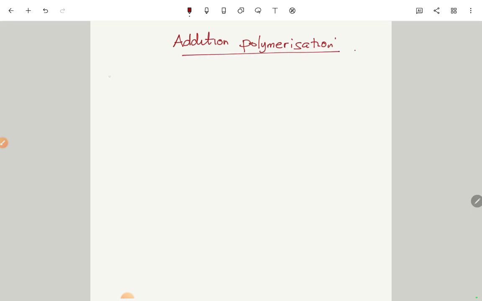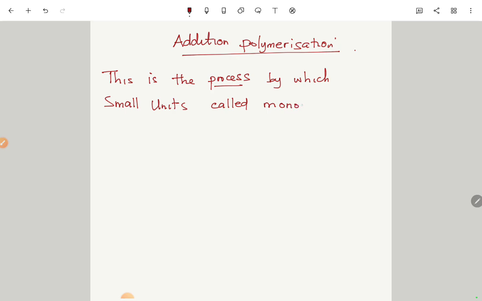Okay, so this is the process by which small units called monomers add to form one large unit called a polymer.